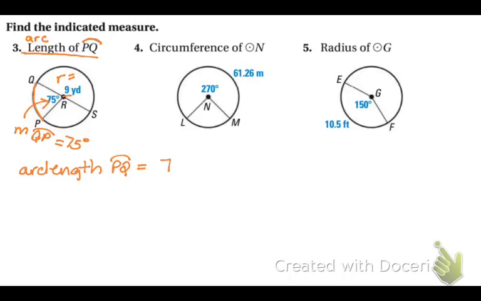So I have 75 degrees over 360 degrees times 2 pi, radius is 9. Okay. So 75 into 360 is, we can simplify that into, what is it, 15 over 72 times 18 pi.